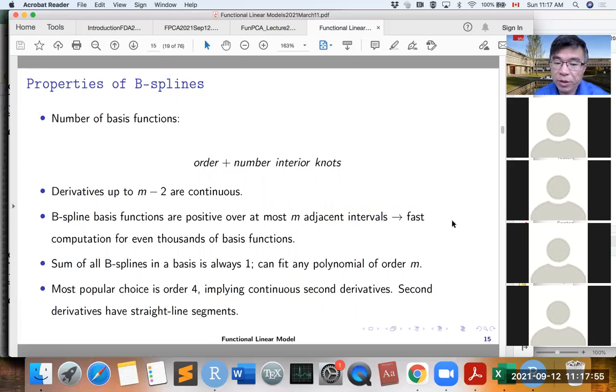For cubic B-splines, a basis function is positive over at most 4 adjacent intervals. This is called the compact support property, a key feature for fast computation, even for thousands of basis functions. We also know that the sum of all B-splines is equal to 1, and the most popular choice is order 4 cubic B-splines, which means continuous second derivatives.